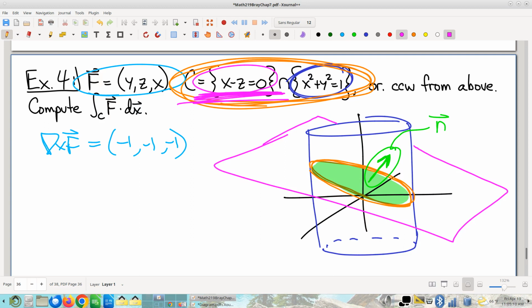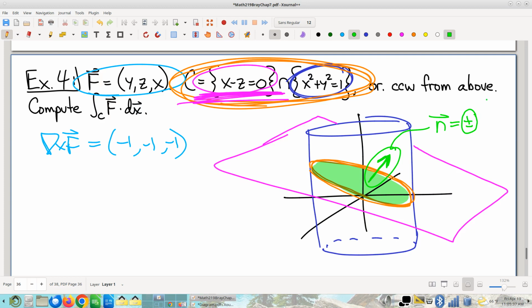And there's an orientation issue to worry about, right? Counterclockwise as seen from above, so it's oriented kind of like so. And we worry about that if we need to. But what I can say immediately is that, plus or minus depending on the orientation, this normal vector points in the direction of 1, 0, negative 1.